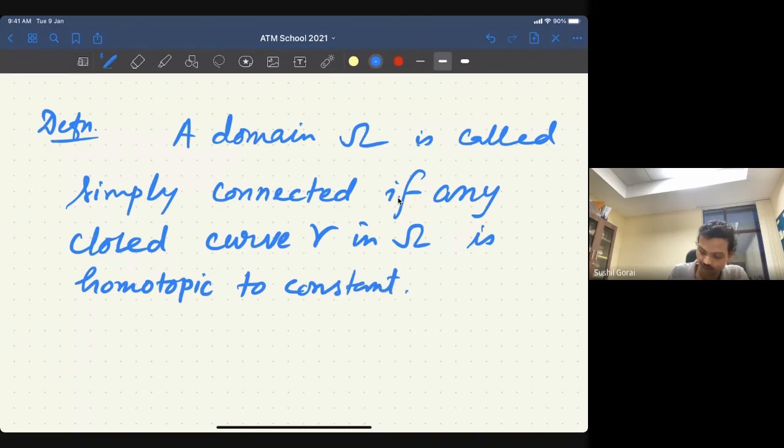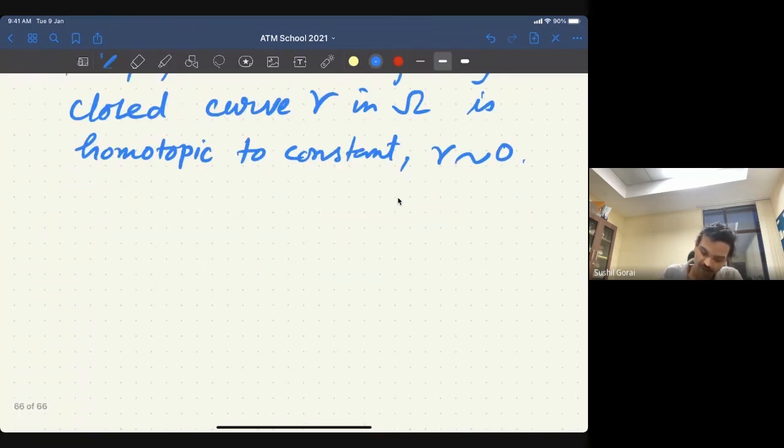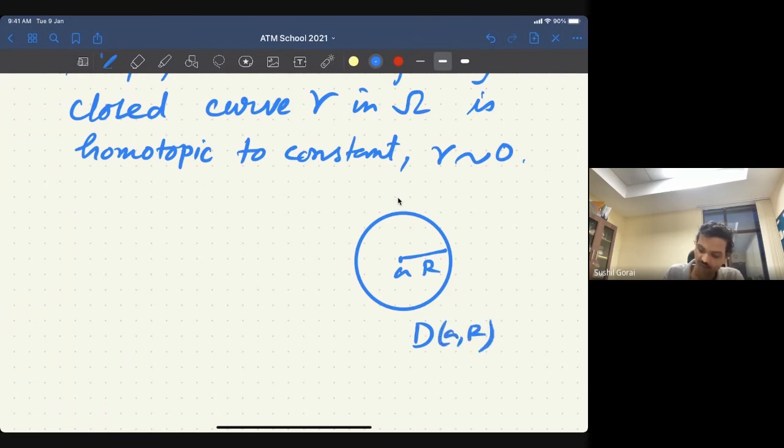Which means gamma is homotopic to 0 for every closed curve. So for example, a disk D(a, r) is simply connected.